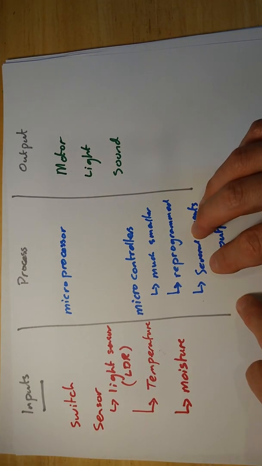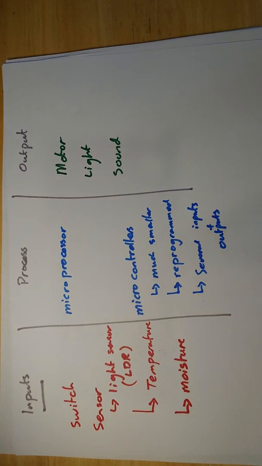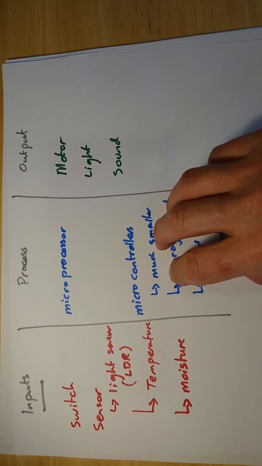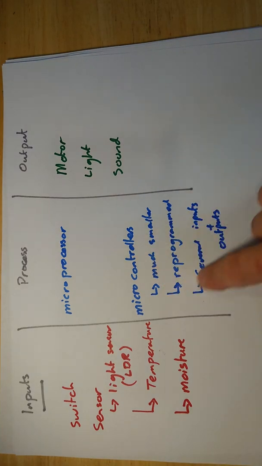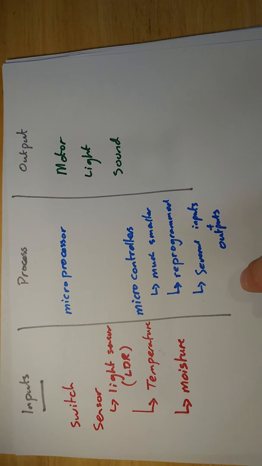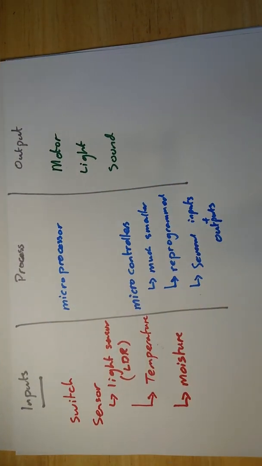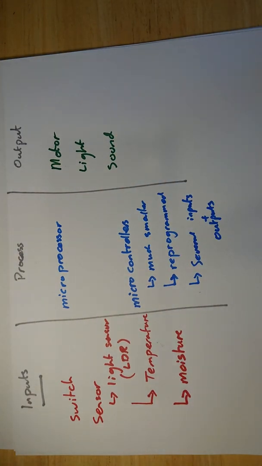But aside from the cost, they're much better because they're much smaller and you can reprogram them, unlike a standard printed circuit board and a standard microprocessor. So here are some inputs, some outputs, and in the middle we have our processing things. That's a key way we can categorize our electronic products.